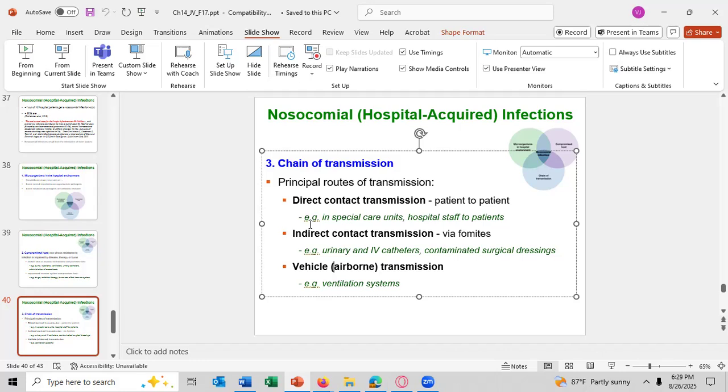The number one nosocomial infective agent in the United States is actually E. coli, a part of everybody's normal gastrointestinal microbiota. Everybody has E. coli, and it is the number one nosocomial infective agent in the United States. Any question about any of that?